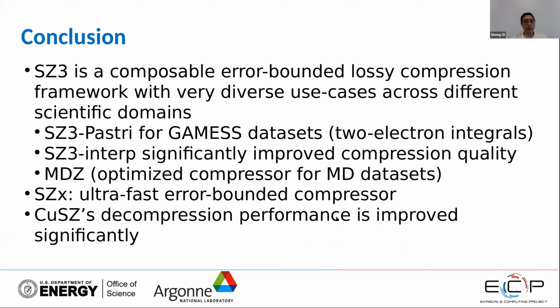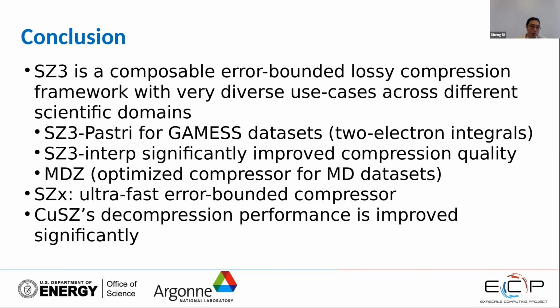Okay, so let me conclude my work. Basically, SZ3 is a composable error-bounded lossy compression framework, and it can be used to customize different compression pipelines very conveniently. I demonstrated three successful stories: SZ3 patch, SZ3 interpolation, and MDZ.